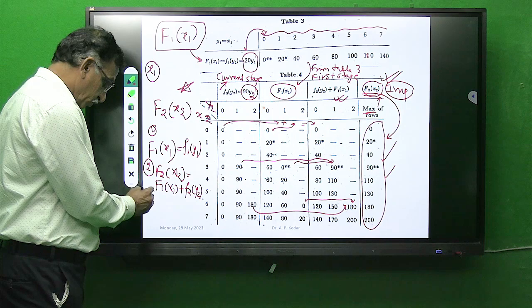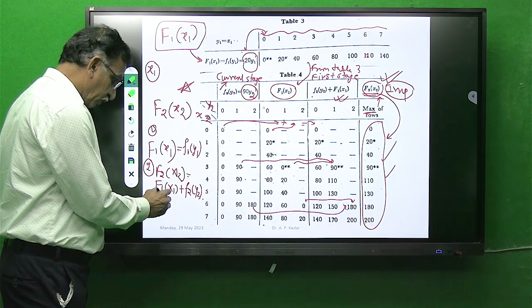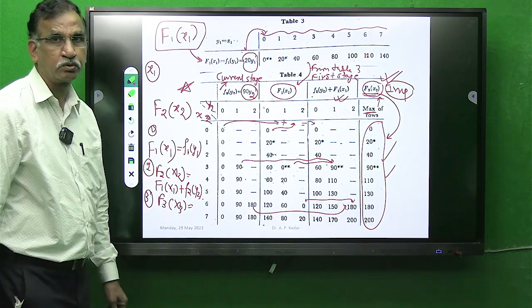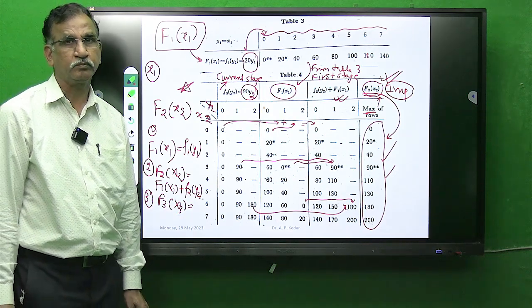Students, now the problem will terminate with the last stage, that is f3 x3, which will be equal to, can you guess? Just think.